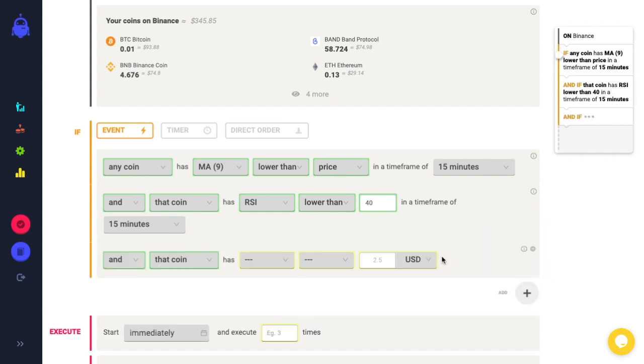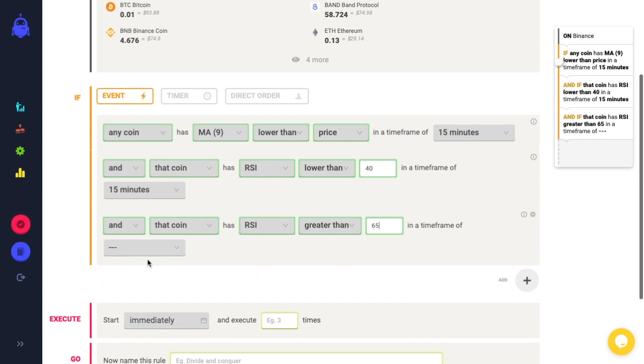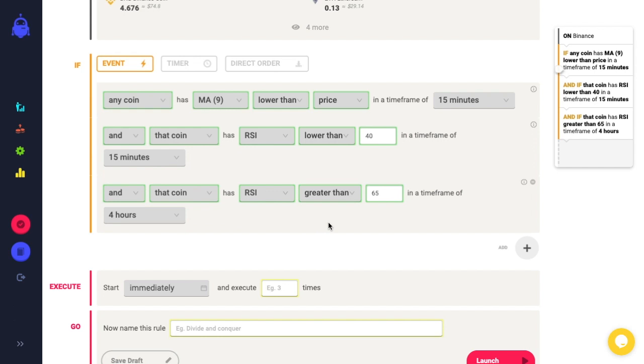And as I was saying before, I also want that coin to have an RSI greater than, let's say, 65 in a time frame of 4 hours. In this case, I will make sure that not only will I catch a short-term rebound, but on the macro picture, there is still momentum that will provide more chances for my trade to be in profit.